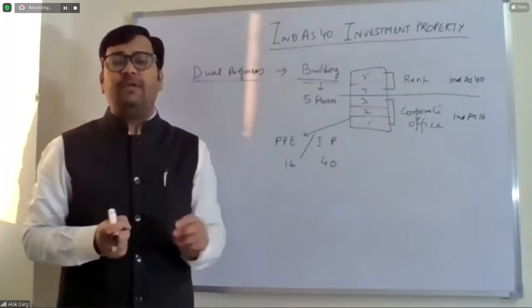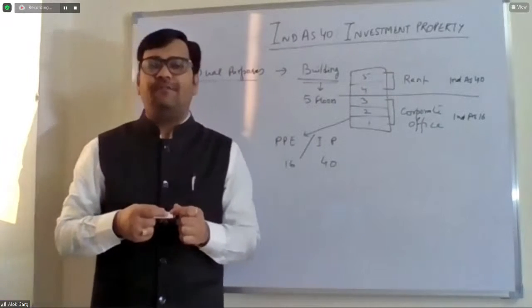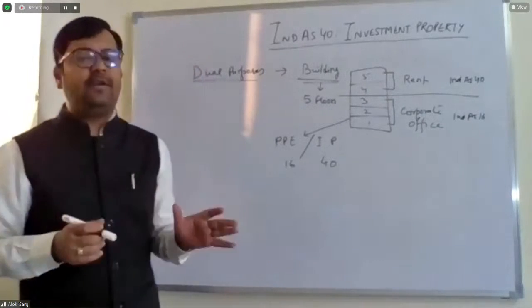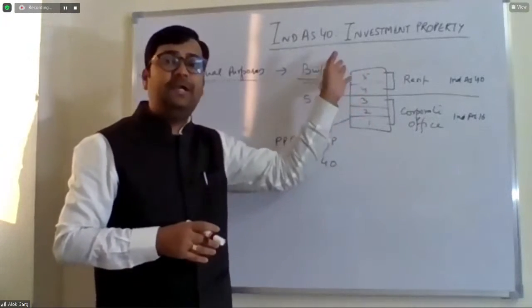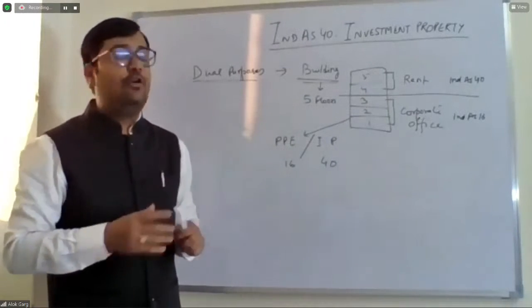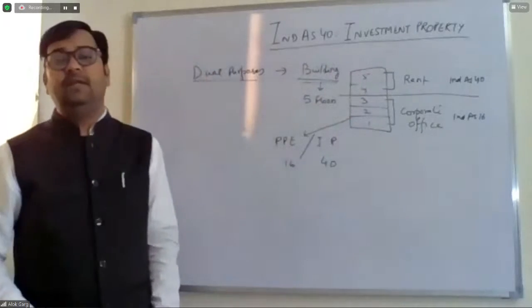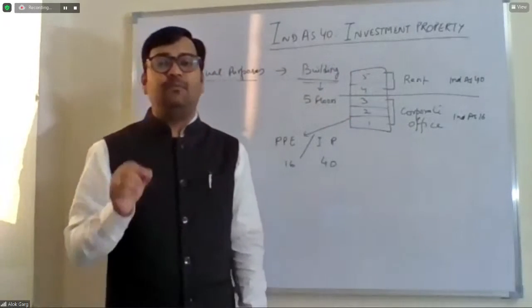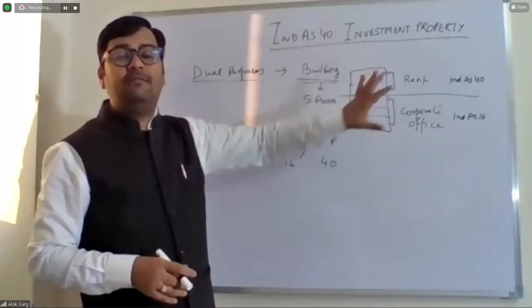So when the company is able to split, for example, as per the law of the land or the law of the country, the company is able to sell independent floors, or the company is able to lease out independent floors to different parties, in that case it can be demonstrated that the company is able to split the values.